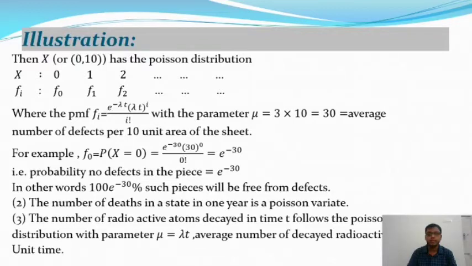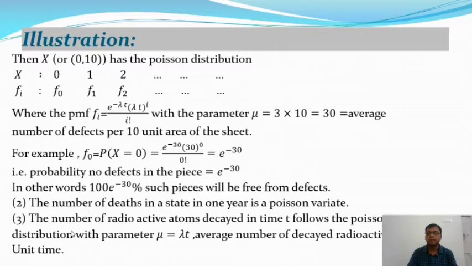Therefore, the number of deaths in a state in 1 year is a Poisson variate. The number of radioactive atoms decayed in a time t follows the Poisson distribution with parameter mu equal to lambda t, that means the average number of decayed radioactive atoms per unit time.